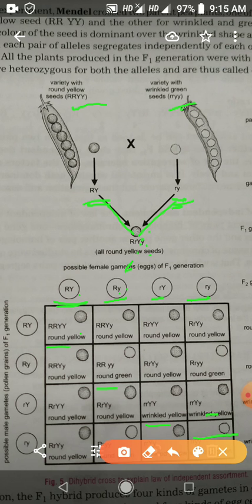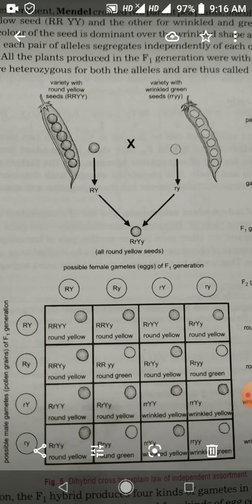Round yellow, round green, wrinkled yellow and wrinkled green. And the ratio between these is 9:3:3:1. So this is the ratio in F2 generation.